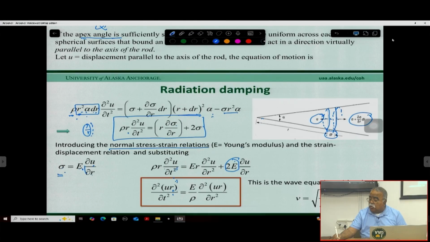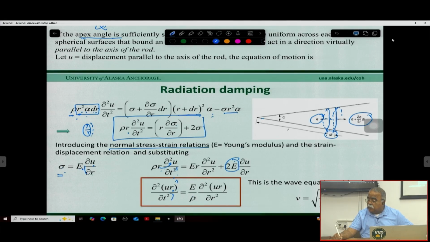So this will be equal to, by integration rule, you all know that rho is the density, so if you divide by rho, we get E by rho, and this r part is basically what we are trying to calculate: del squared u by delta t squared. Okay, so we take the r inside. So this is d²u by dr² and dt², and this is also d²u by dr².